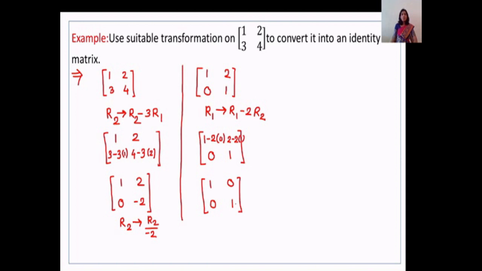So using suitable transformation, we convert [1, 2; 3, 4] into an identity matrix. This is our example.